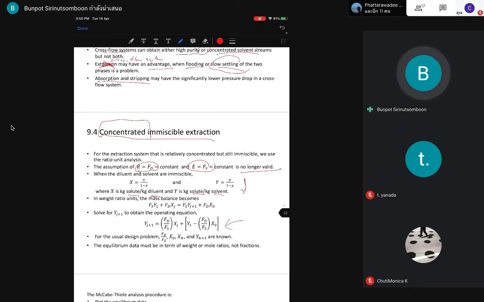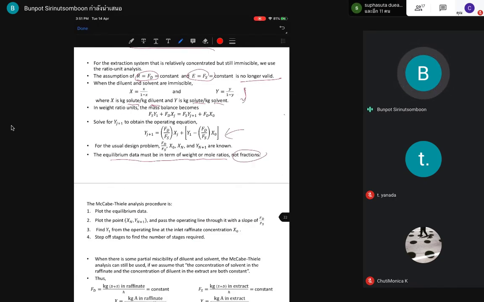The equilibrium data must also be in terms of weight or mole ratios, not fractions. So be careful here when you are dealing with a concentrated system. Use weight or mole ratio, not fractions. They are not the same.